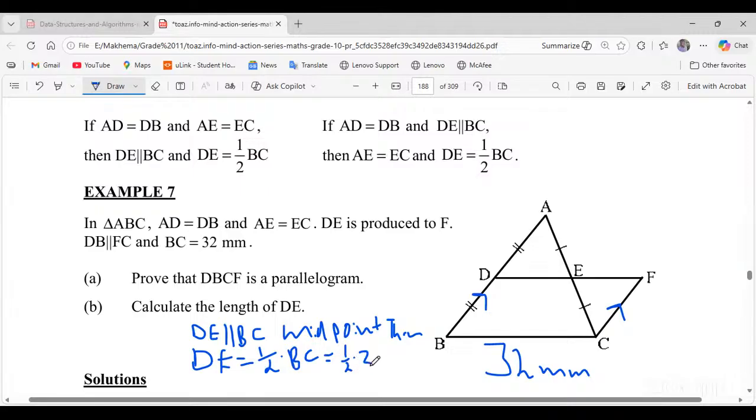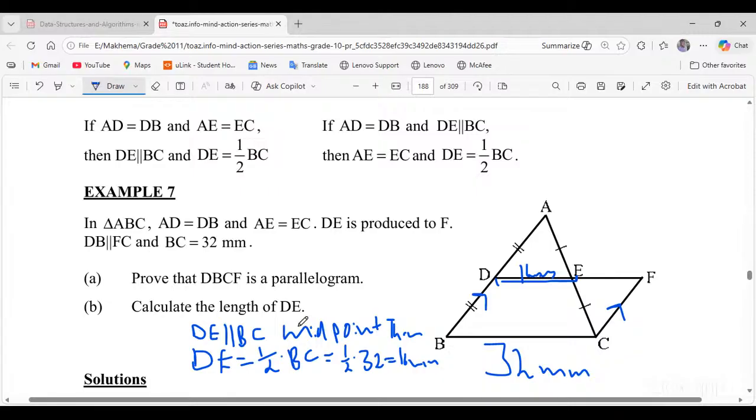BC is 32 millimeters. That will give me 16 millimeters. Therefore, this is 16 millimeters. Only this portion, DE.